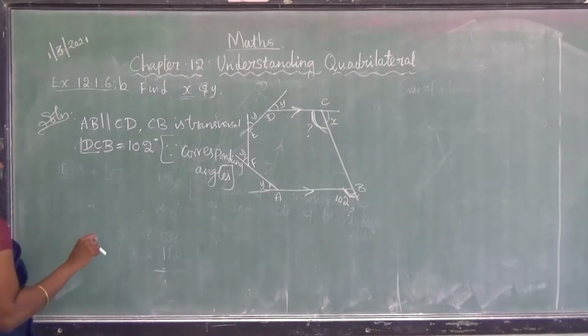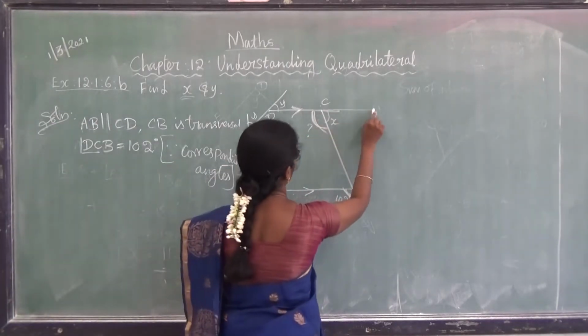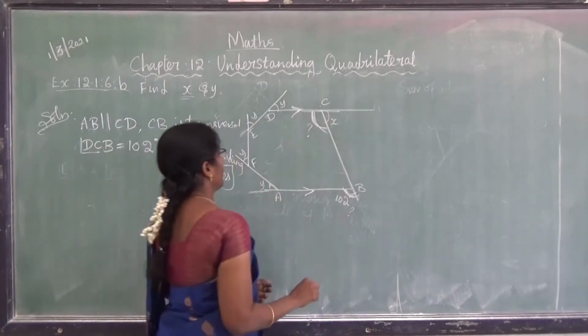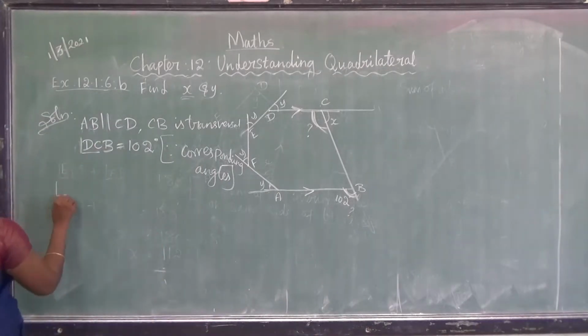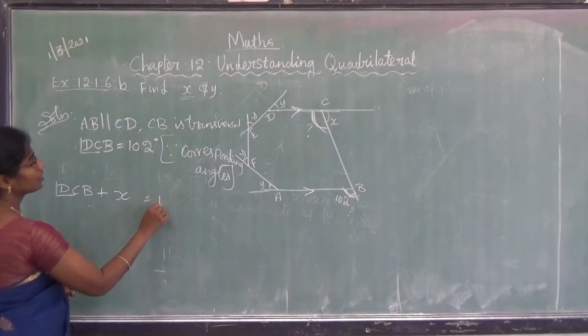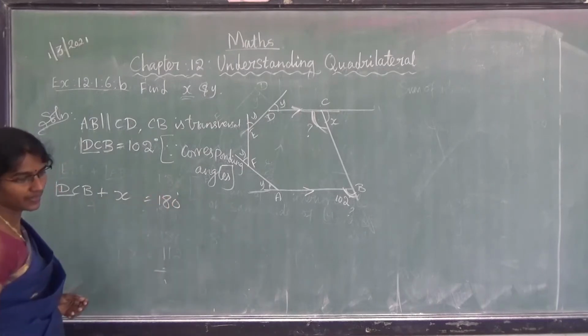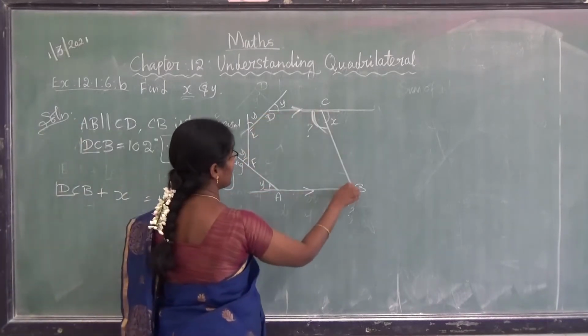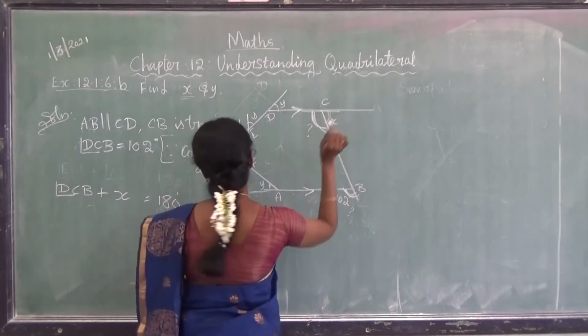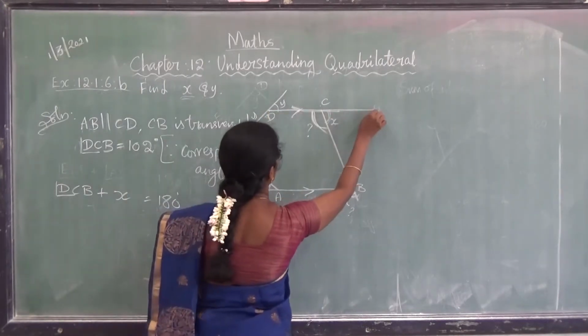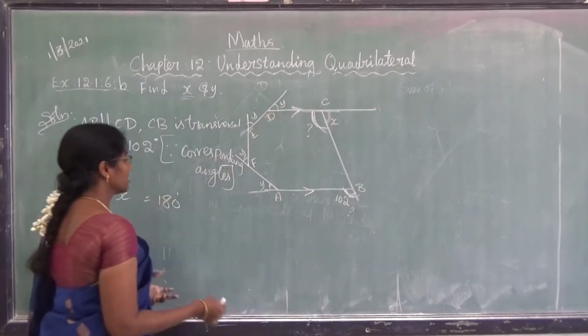Now in this line, okay, we are going to find this x now. How to find that? Angle DCB plus x is equal to 180 degrees, because this is a linear pair. This is a straight line.